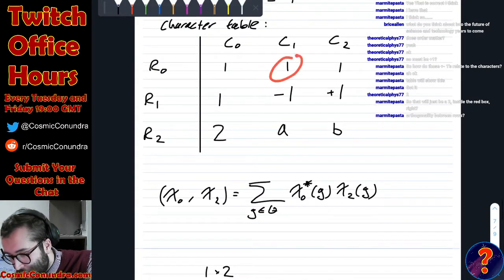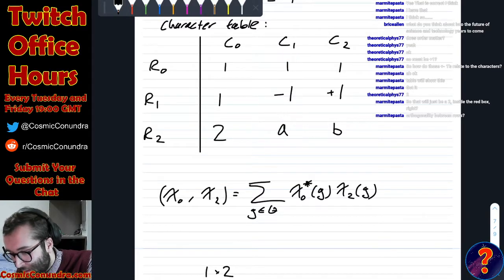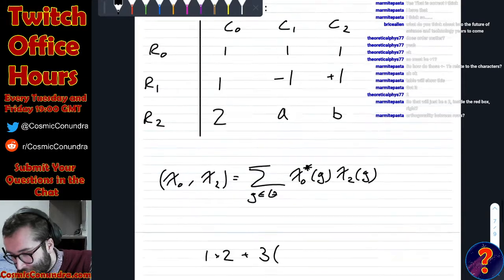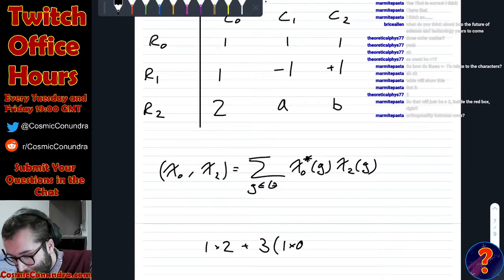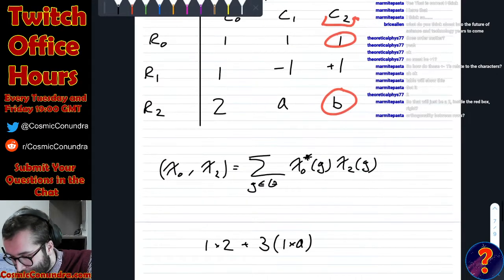Then for these two elements here, it's 1 times A, but there are 3 elements inside of this class, so that makes it plus 3 lots of 1 times A. And then for these two elements, now this class has 2 group elements in it, so it's 2 times 1 times B.